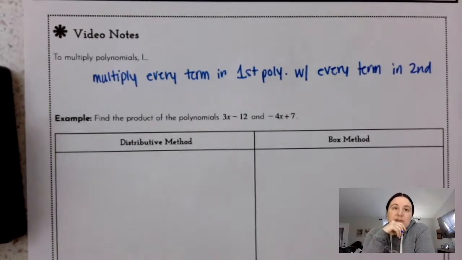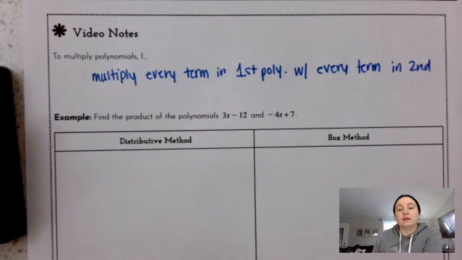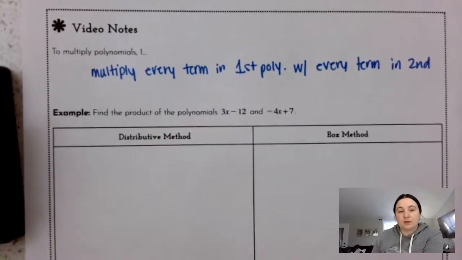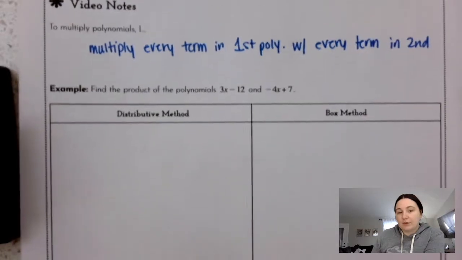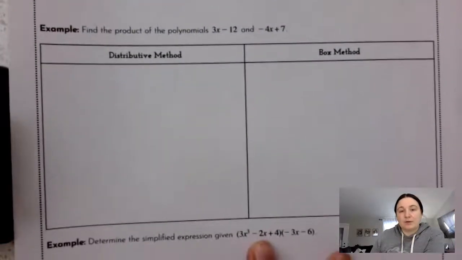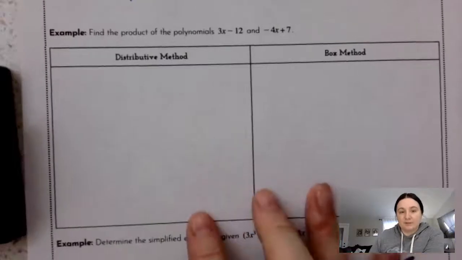So it's basically like distributing multiple times. So you distribute everything in the first to everything in the second. If you need a second to write that down, you can pause this. And now we're going to go through an example of both methods.